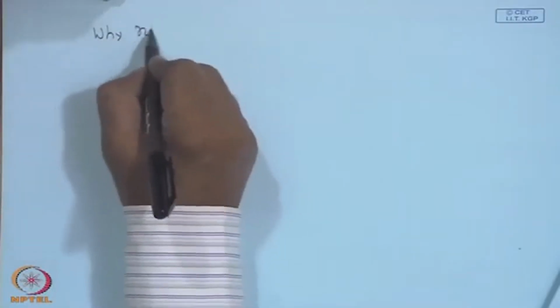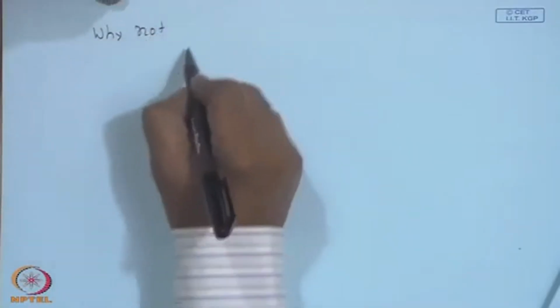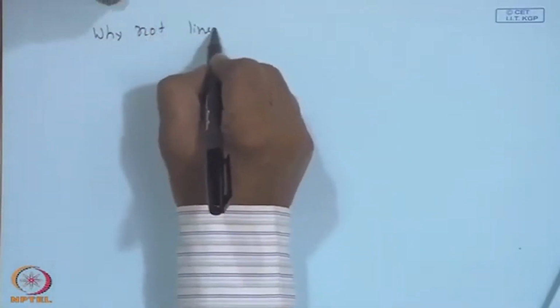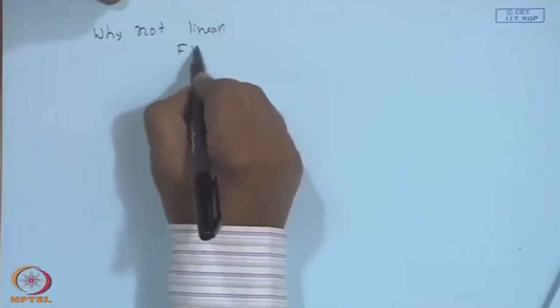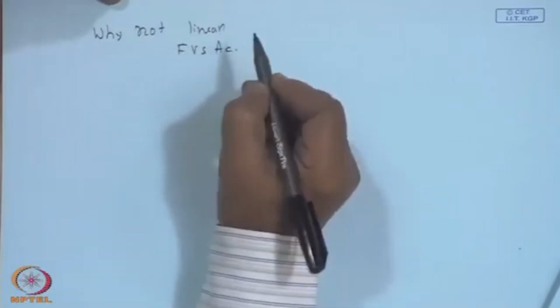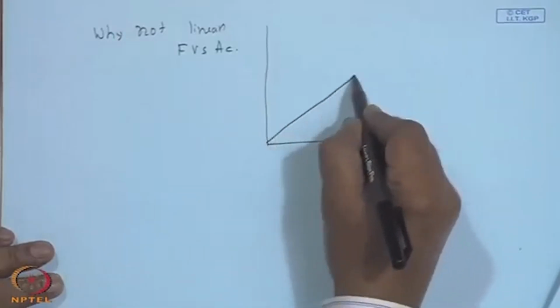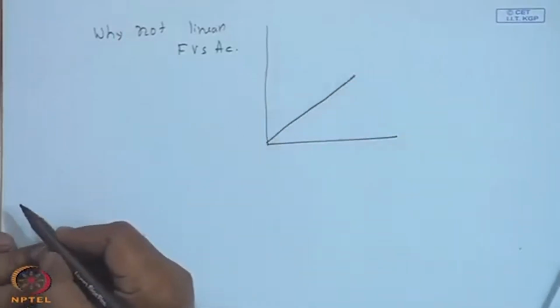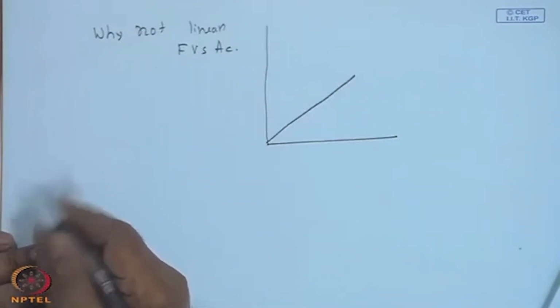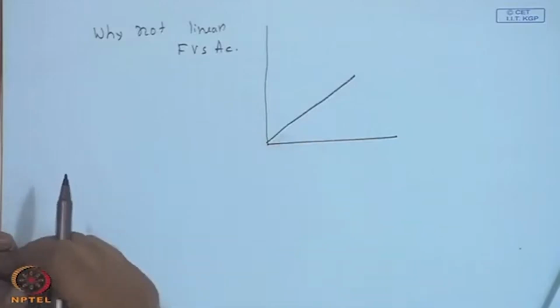Now, first question is, why not linear? F versus Ac, why can't it be? You double the collector area, it does give double the useful energy.